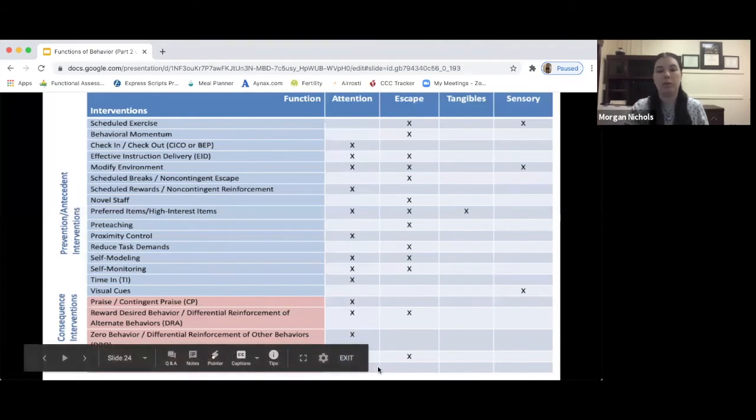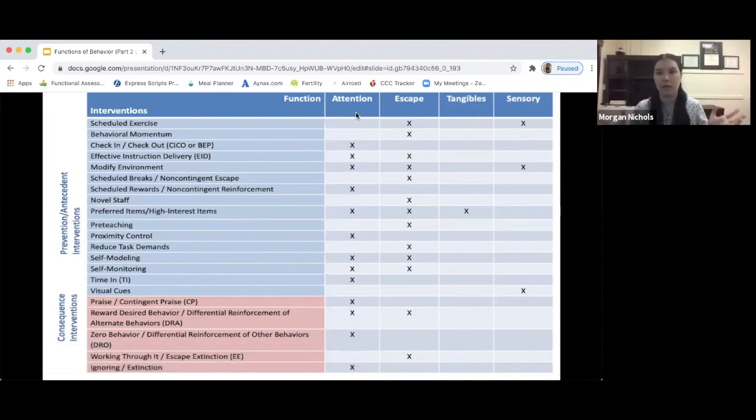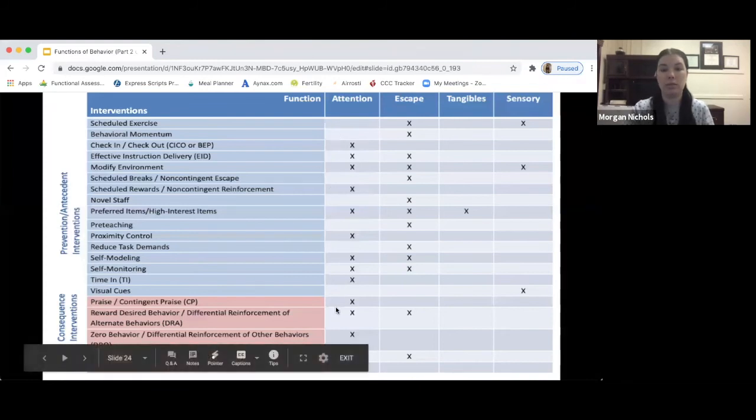For example, if the kid is hitting you on the arm to get your attention, and we really hate that, it's very annoying, that hitting behavior is already happening. So we didn't prevent it. We didn't do these things to prevent it, but one of the things we can do is ignore it, which is the very last one down here.